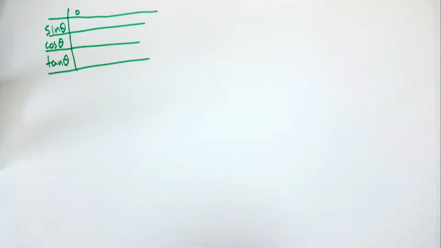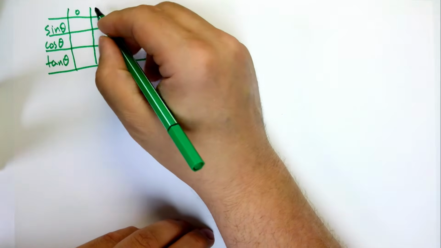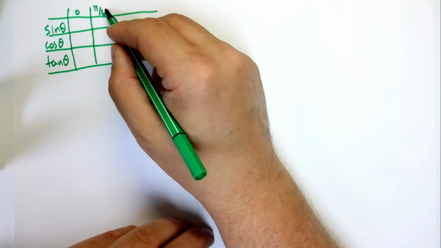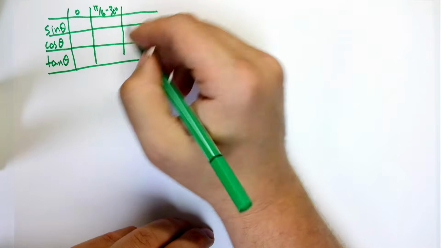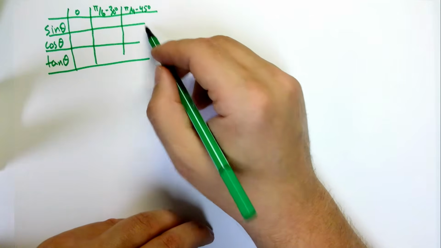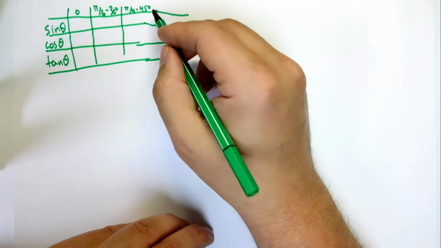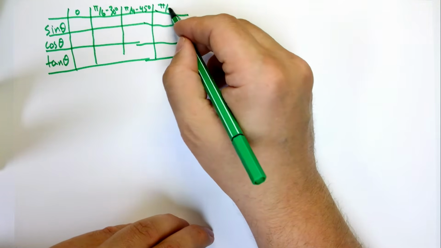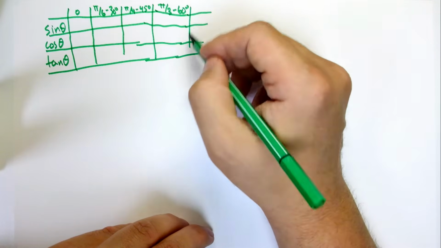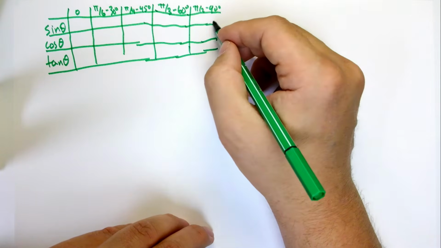Now, of course, 0 degrees, 0 radians, still the same. All right. So then we'll have pi over 6. Now, pi over 6 is really 30 degrees. Then pi over 4, 45 degrees. Pi over 3. That's 60 degrees. And then pi over 2, 90 degrees. All right. Good.